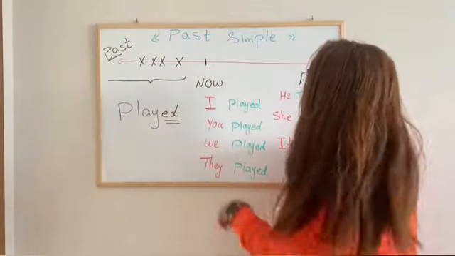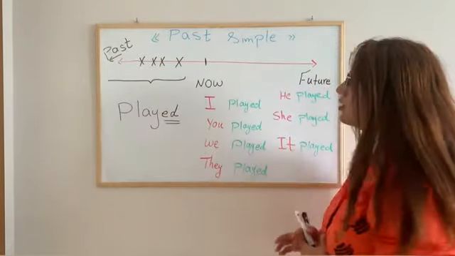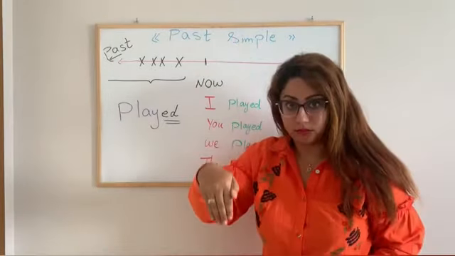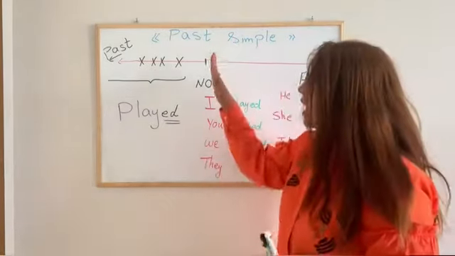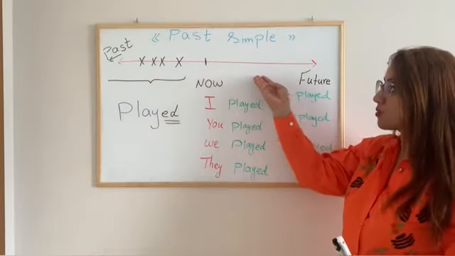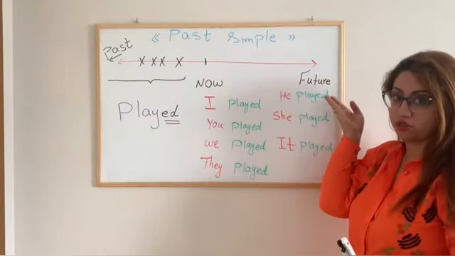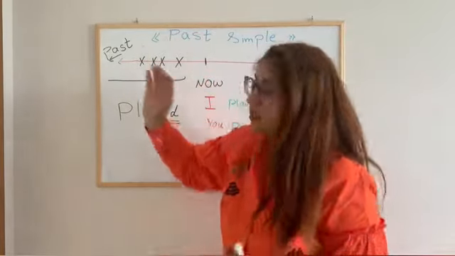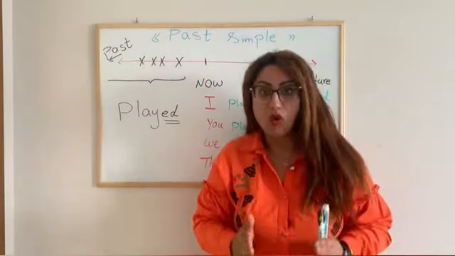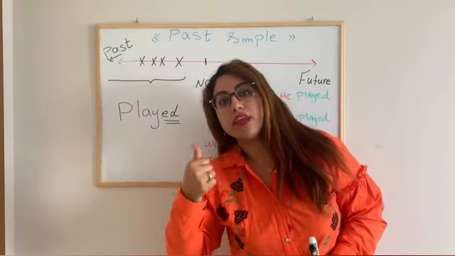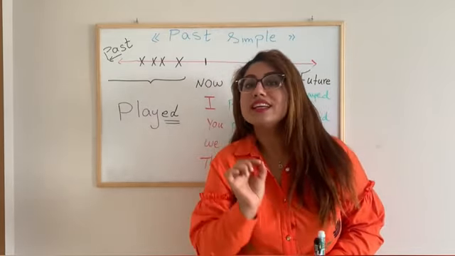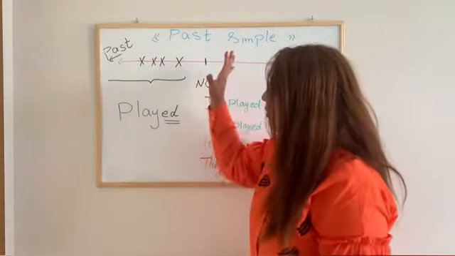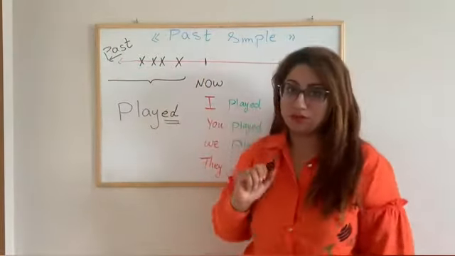Look at here, we have a graph. This time is now, exactly this time, now. After this now goes present tense and also future, but from now back, exactly, if I'm talking to you 1 minute ago or 20 seconds ago, from now to past, all of them can be past simple.